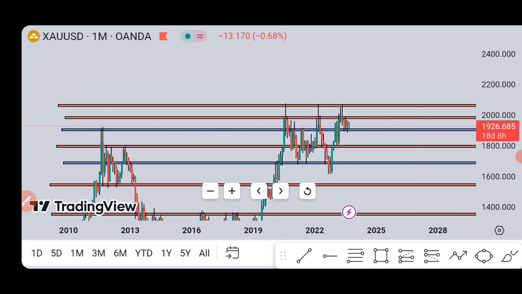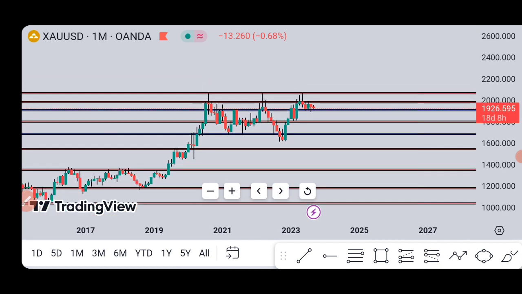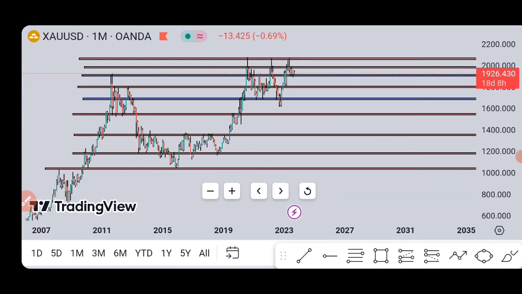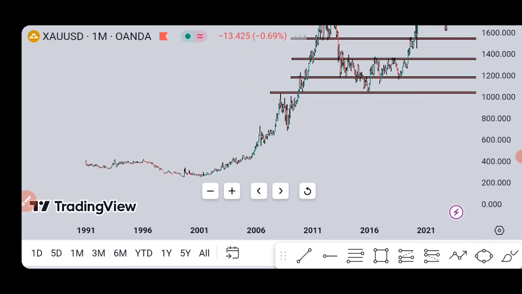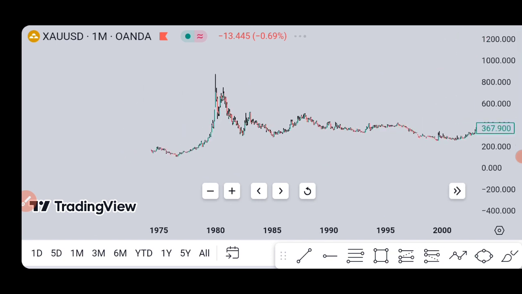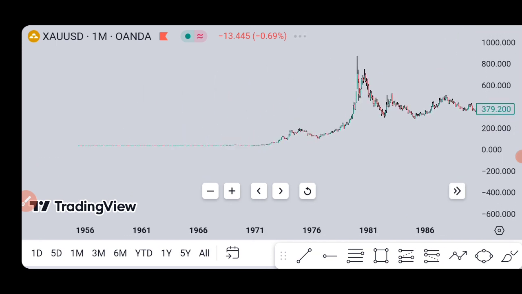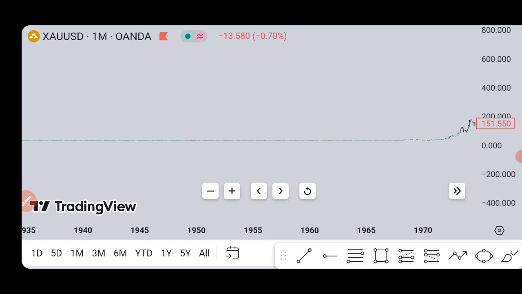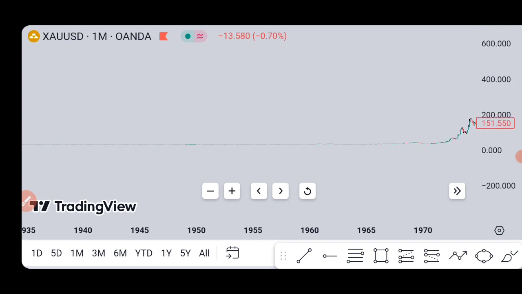So guys, this is gold. This is the monthly time frame on gold. But we are in a bullish trend overall. So gold has been trading since, these are all candlesticks on gold.